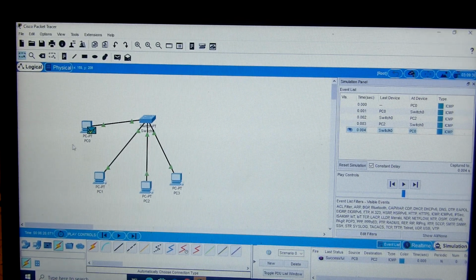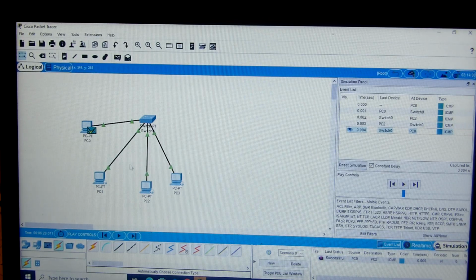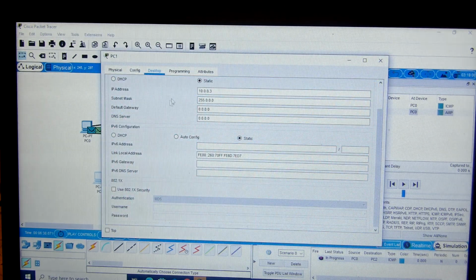So this one has to have the IP address of this one, and then there is the ARP that we talked about. It sends an ARP to all of these, saying I'm looking for 10.0.0.3.